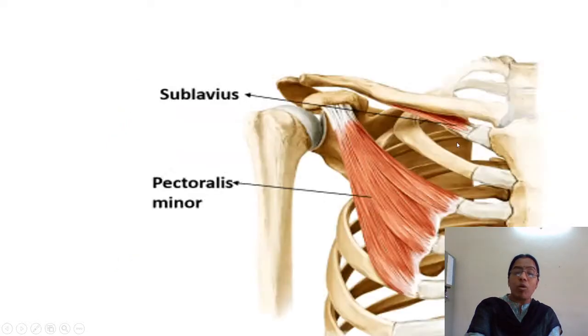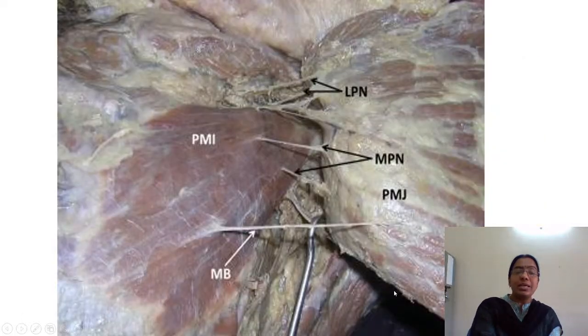Nerve supply, you already know it. It is by means of the medial pectoral nerve. As said, the medial pectoral nerve pierces the pectoralis minor muscle, then supplies the pectoralis major muscle. Whenever you want to identify the pectoralis minor muscle in dissection, at its upper border you can see the lateral pectoral nerve, which is a content of the clavipectoral fascia.